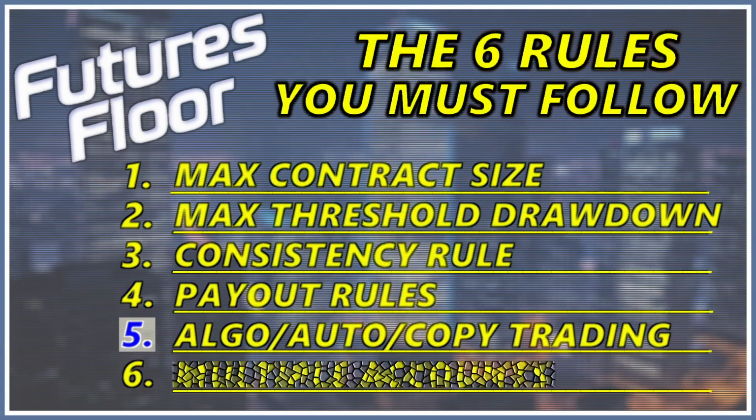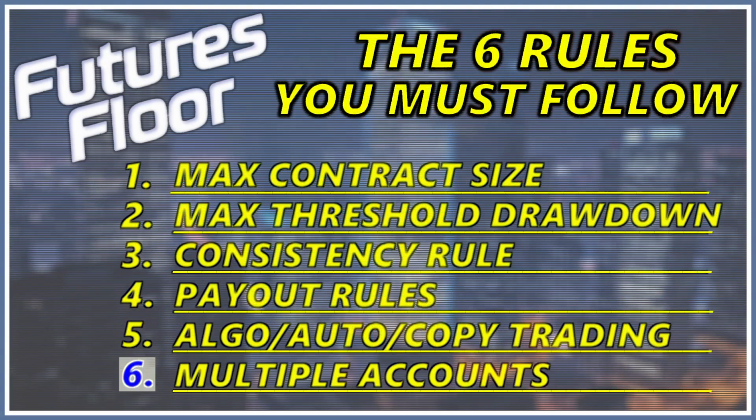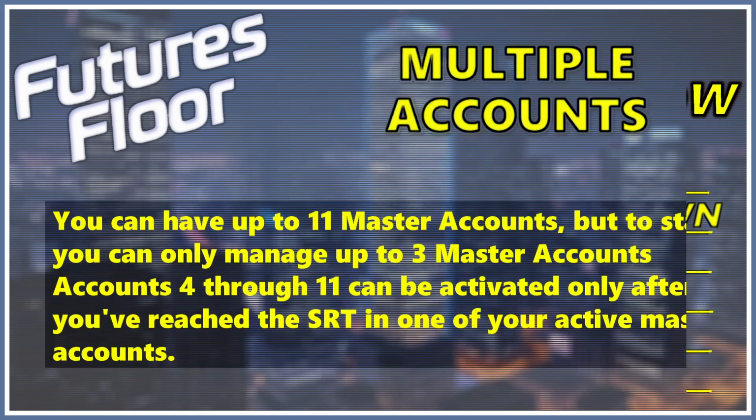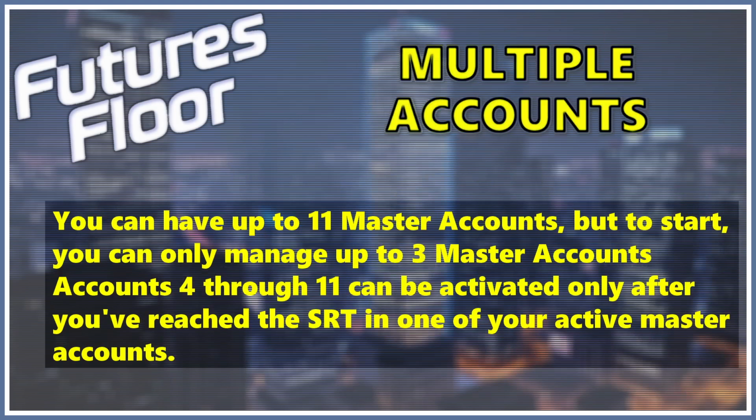Last but not least on the 6 rules you must know is multiple accounts. They allow you to have 11. But in order to have 11 master accounts, you have to start with 3.